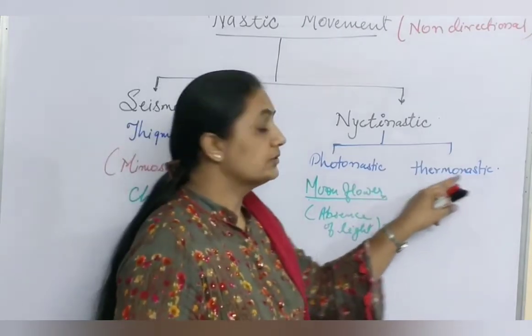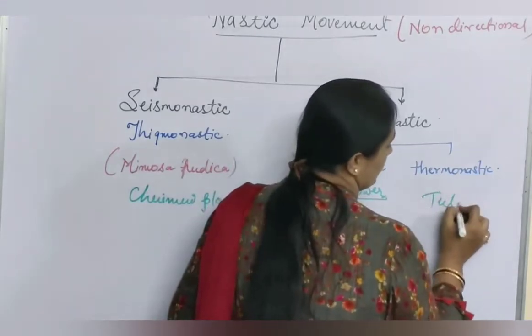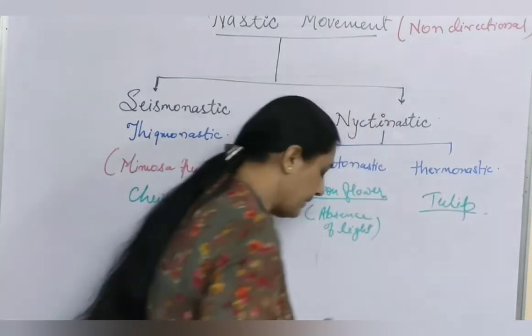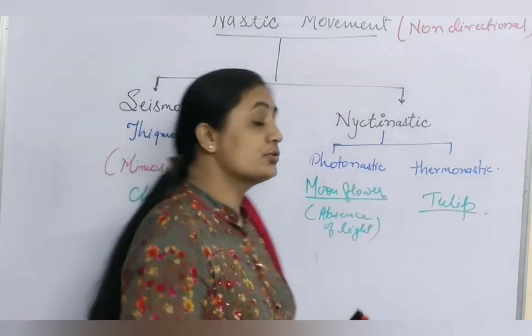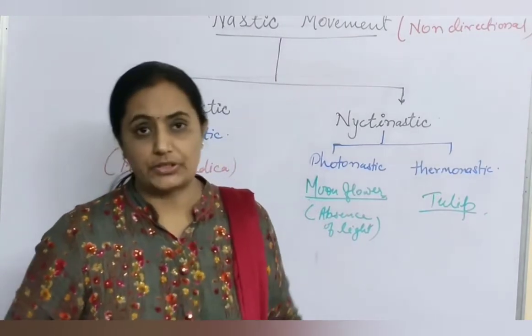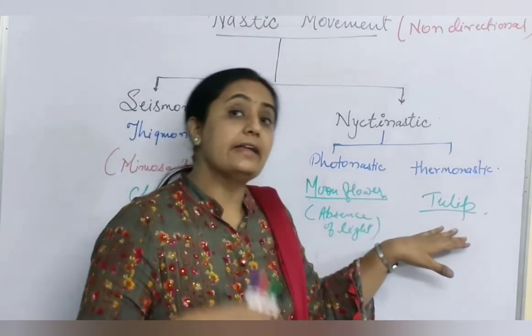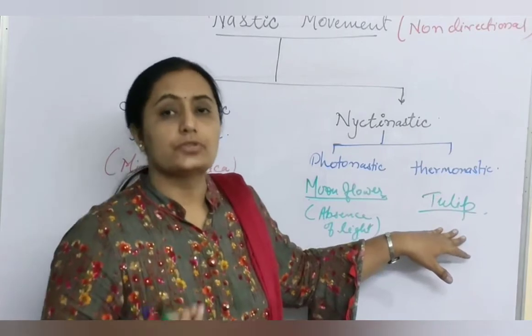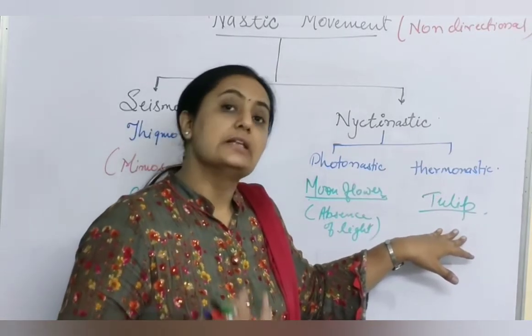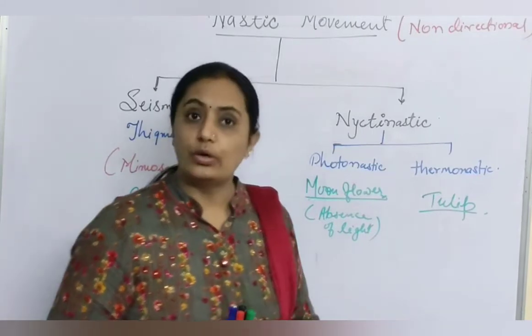They come under thermonasty. For example, tulip. Tulip flowers are sensitive to temperature, high temperature and low temperature. Some flowers arise in high temperature, or the plant shows flowering in high temperature. Some plants show flowering in very low temperature.